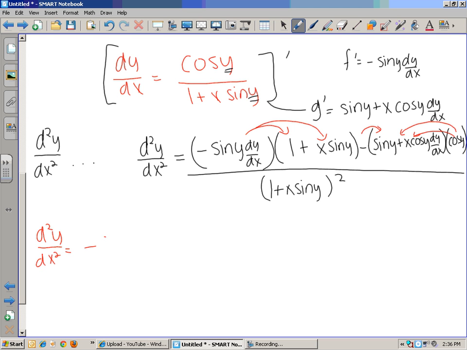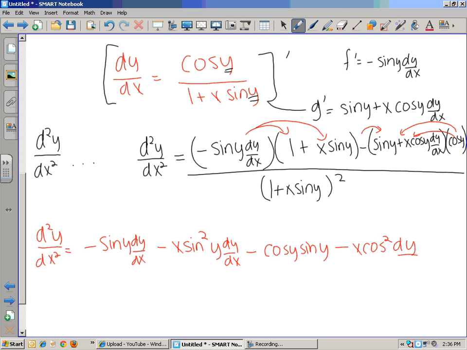So I'm going to get negative sine y dy/dx minus x sine squared y dy/dx. And then I'm going to get minus cosine y sine y minus x cosine squared y dy/dx.